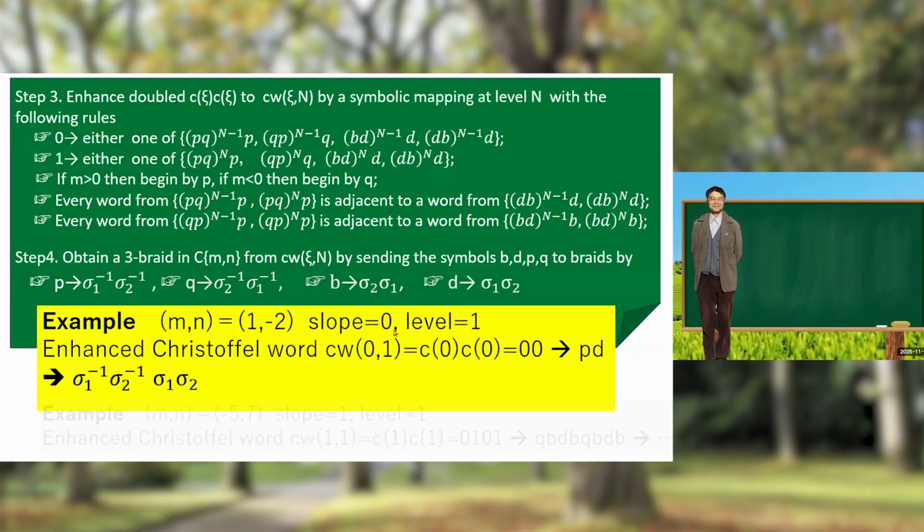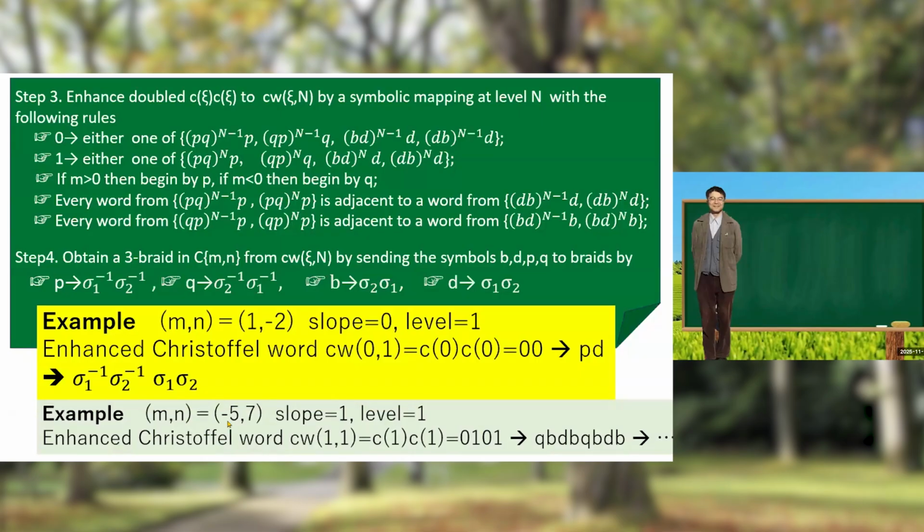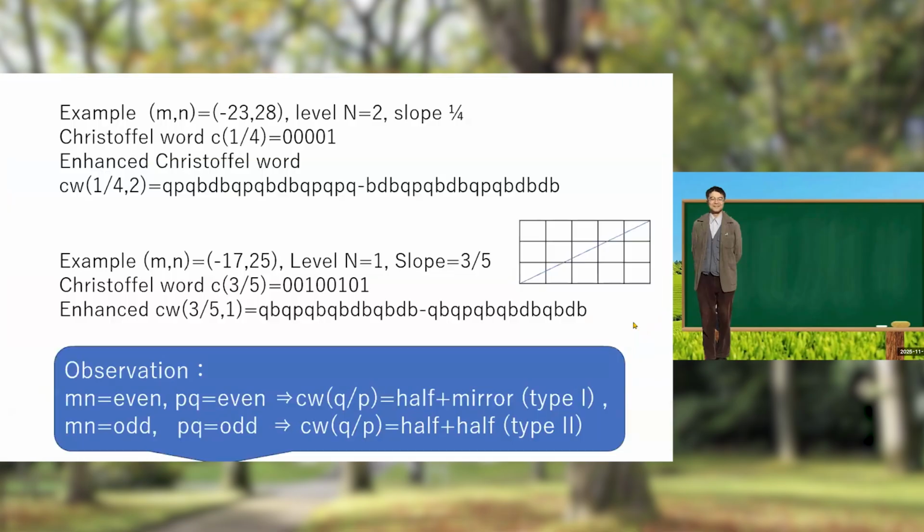And another example, the minus 5 and 7 case. In this case, the slope is 1 and the level is 1, and 0101 is the enhanced Christoffel word, and the associated tadpole symbol is like this.